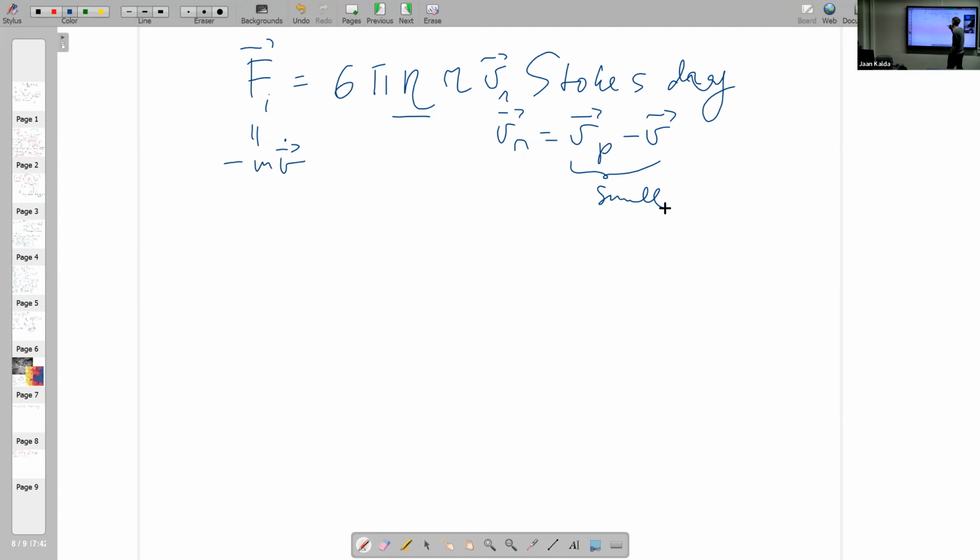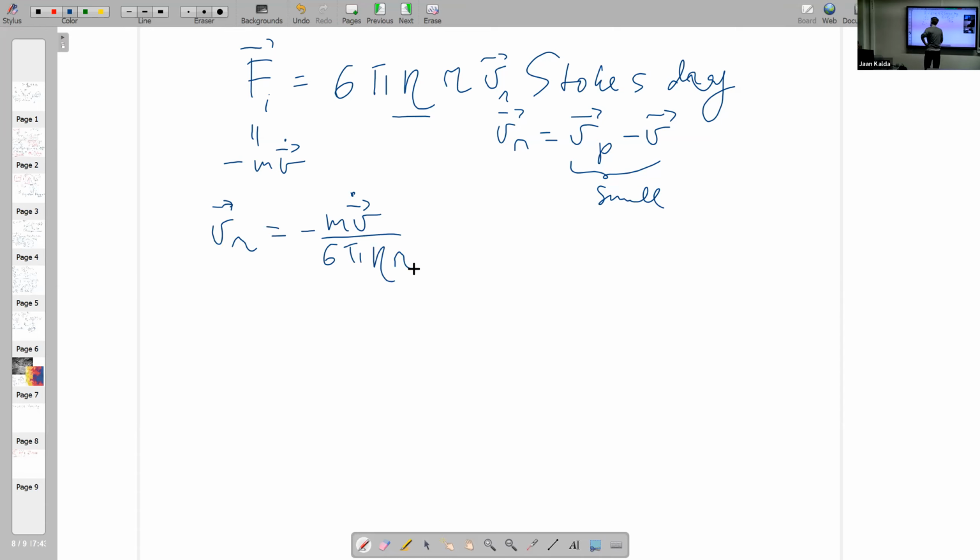So we assume that the speed difference Vp minus V is small, and because of that we can write V relative is minus m v dot, divided by 6 pi eta r. That's it, I guess.